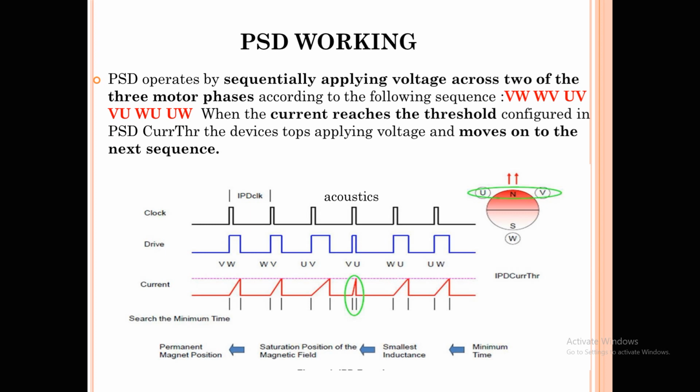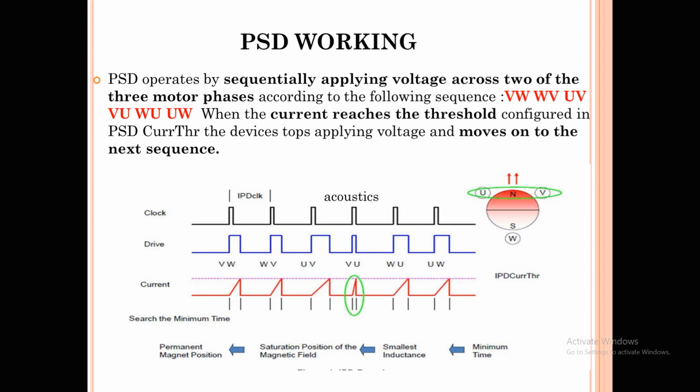So every time you start the motor, they are sending high frequency voltages in a certain sequence and sensing the lowest time duration. It means that the phase having the lowest time duration has the closest distance to the N pole.